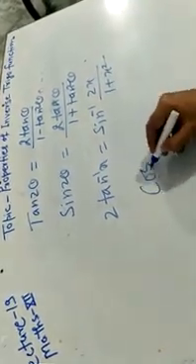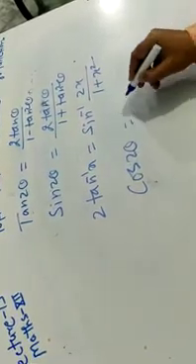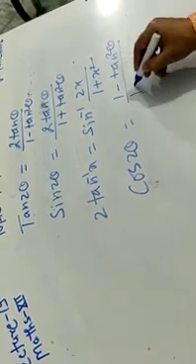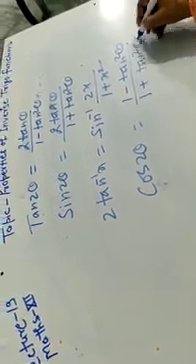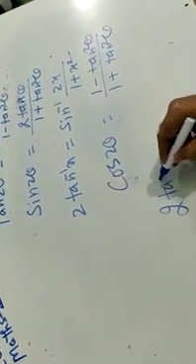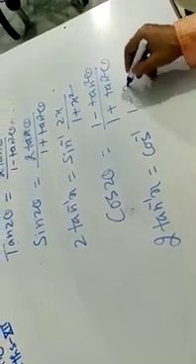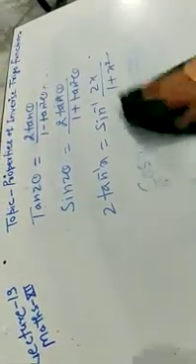Similarly, cos 2 theta equals 1 minus tan square theta by 1 plus tan square theta. You write 2 tan inverse x equals cos inverse of (1 minus x square) by (1 plus x square). You have to prove and verify all the trigonometric formulas of the inverse trigonometric functions.